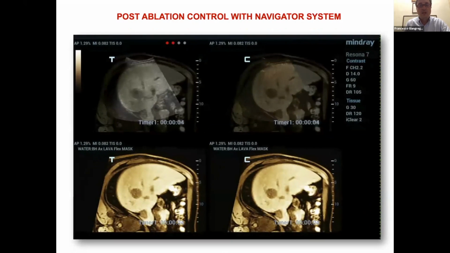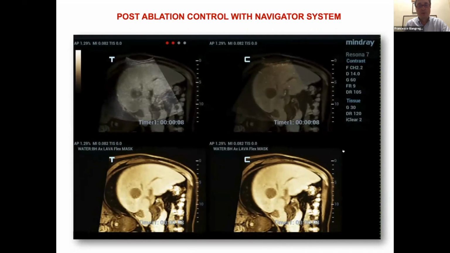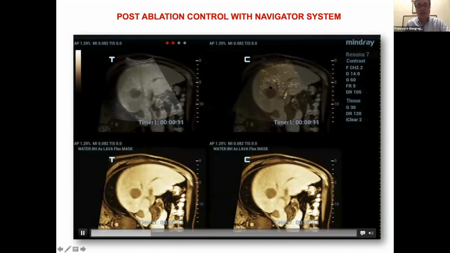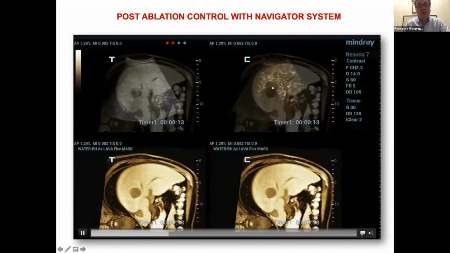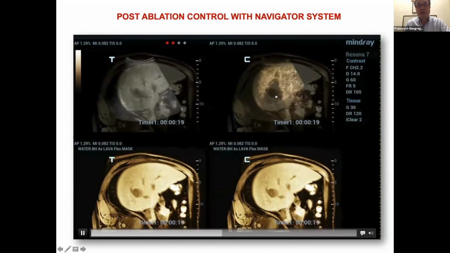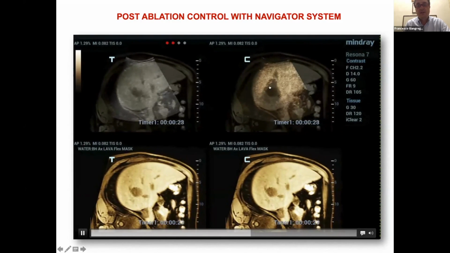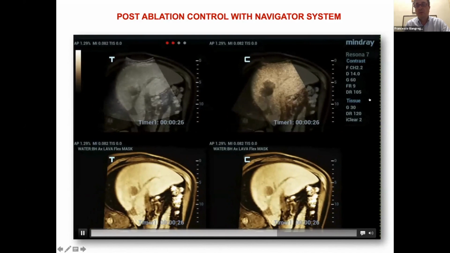Another case in which you can superimpose the MRI image before the treatment and the contrast enhanced US after the treatment. And we can say that this clip doesn't need any more words.